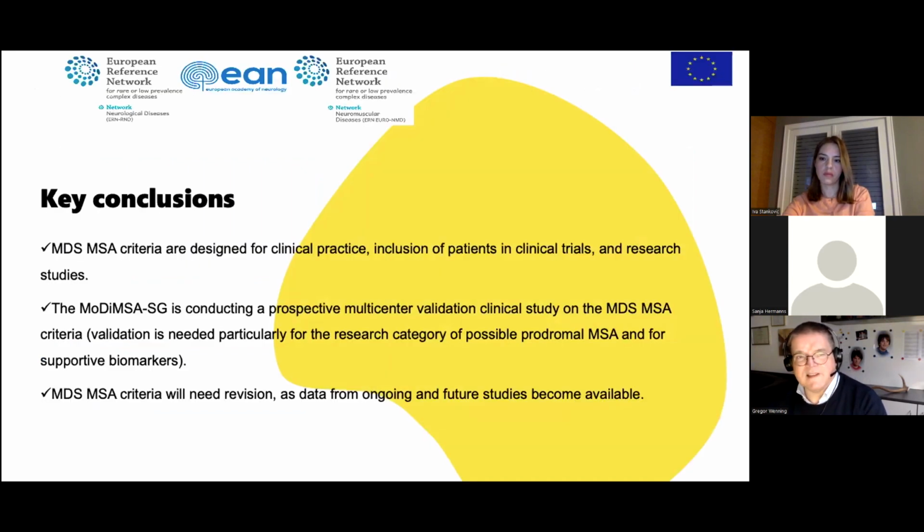So the key conclusions at this stage are that the MDS MSA criteria are designed for clinical practice, inclusion of patients in clinical trials and research studies. MODIMSA, the Movement Disorder MSA study group, is conducting a prospective multicenter validation study of these MDS MSA criteria.